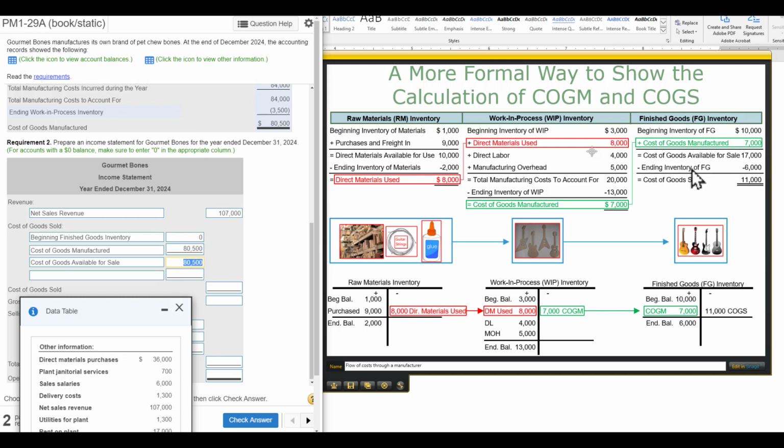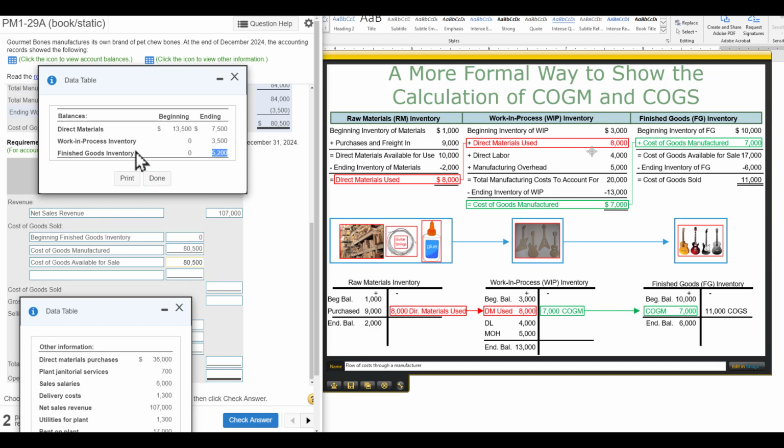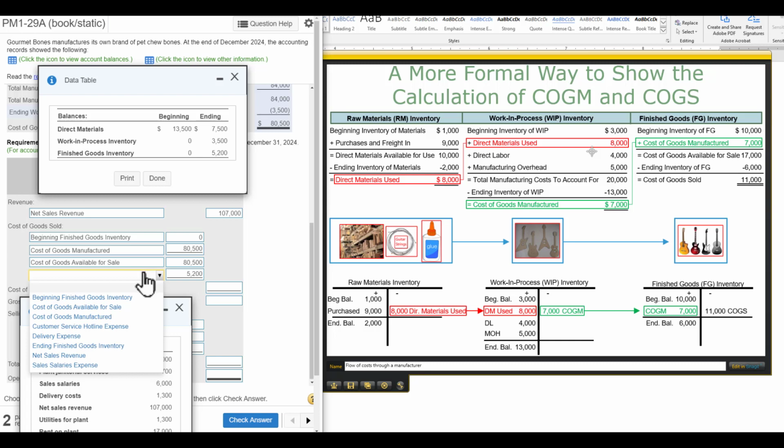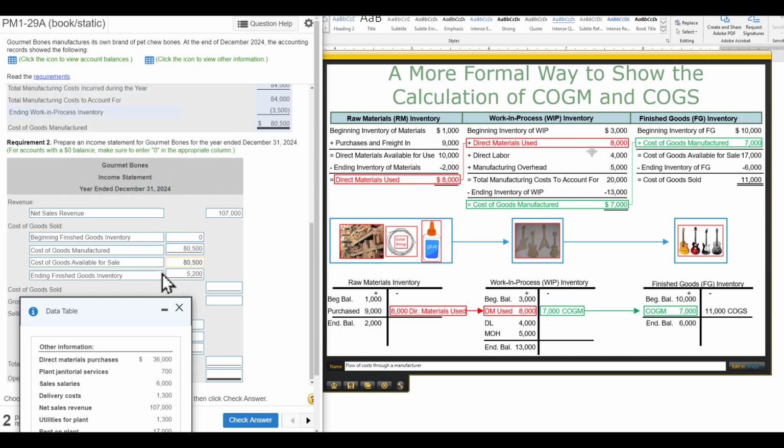Then we're going to subtract ending inventory of finished goods, which we get from here. So here's finished goods inventory. We grab the ending inventory, and that's called ending finished goods inventory. Okay, so the way this works is, we had $80,500 of pet chew bones available for sale.